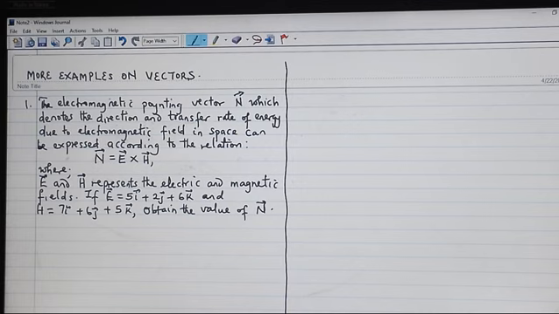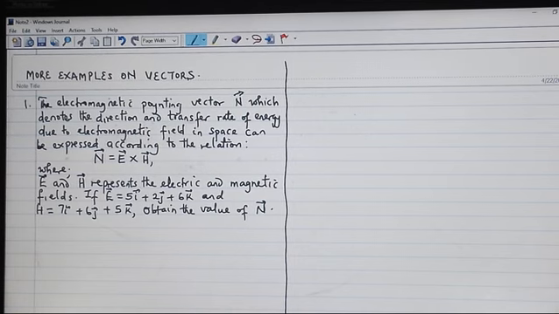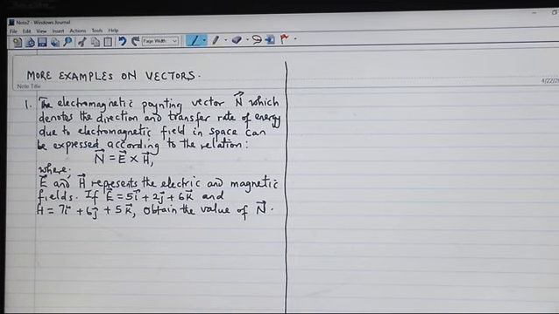Now to do that, we simply apply the matrix notation, that is finding the determinant of a matrix. We are going to consider these two quantities in matrix form, E and H. So let's take the solution.